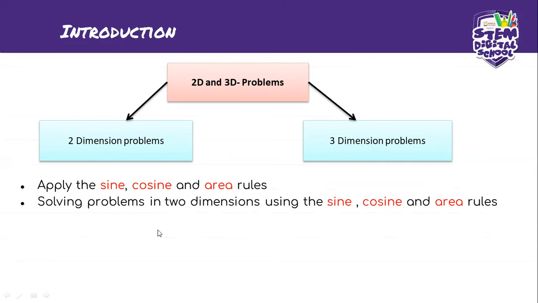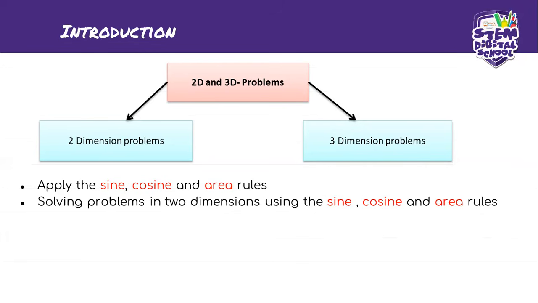You must be able to solve problems in 2D using the sine rule, the cos rule, and the area rule. And it's very important to be able to apply the sine rule, the cosine rule, and the area rule in 2D and 3D.